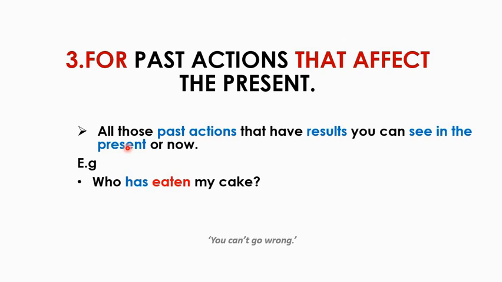Here we use the present perfect because it is a past action whereby you see the results at that moment. You're looking at the fridge, you're looking at the cupboard, and it's empty. You get mad, you ask your mom, who has eaten my cake? Clear?